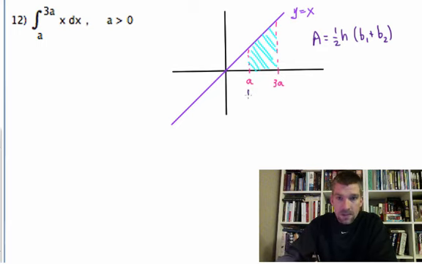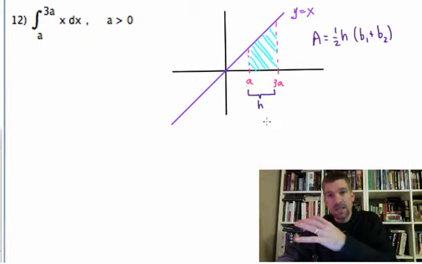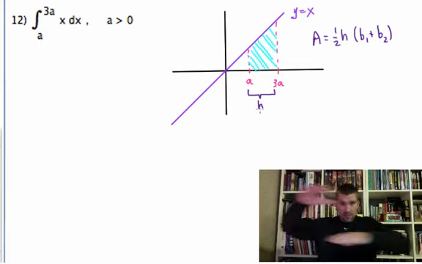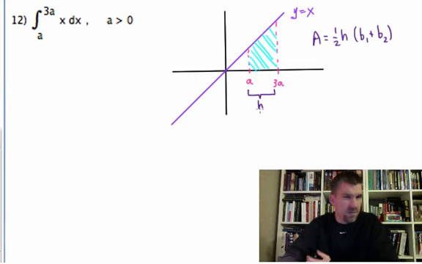The distance from a to 3a is my height, because if we were to tip this guy over so that the bases are parallel horizontally instead of vertically, it would be a little easier to see. The bases are just going to be the distances from the x-axis to that point on the curve.